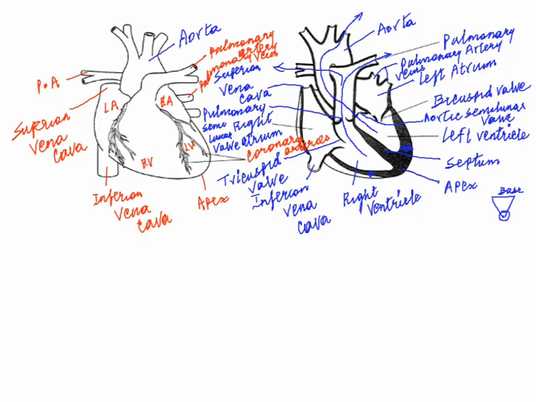I wrote it wrong. Yes, this is the right atrium. This is the left atrium. Is it clear now? So these are the structures that you can identify. So both externally and internally, you should be able to label any of these structures which are given to you. Is it clear? Now, there are still some structures which you may need to label.